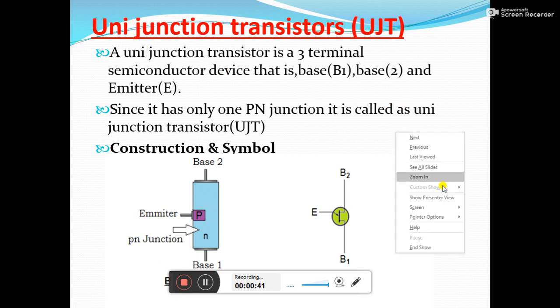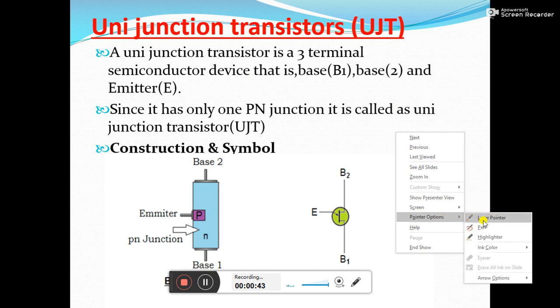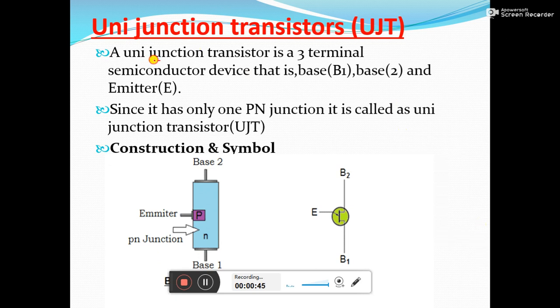The very first special type of semiconductor that we are going to study in this chapter is the unijunction transistor. As the name suggests, it is a class of transistor, and it has three terminals. But the thing is, it has only one junction. There will be only one PN junction. Hope you have seen in the BJT there were two PN junctions, but here there will be only one junction.